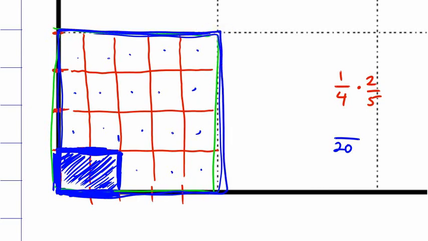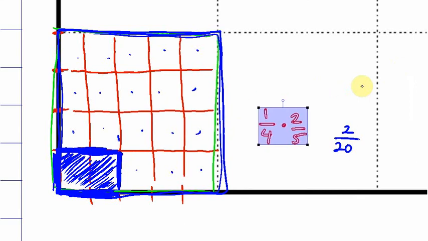But now viewed as pizza, out of the 20 slices, 2 of the 20 are shaded. So what we end up seeing is that 1/4 times 2/5 right here is going to equal 2/20.